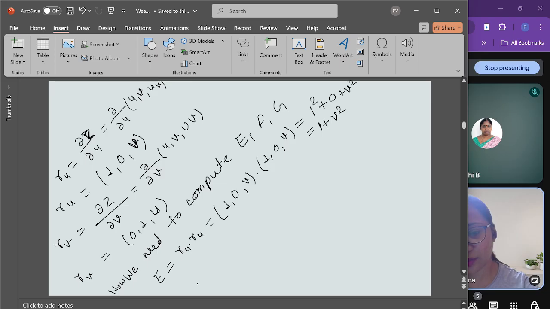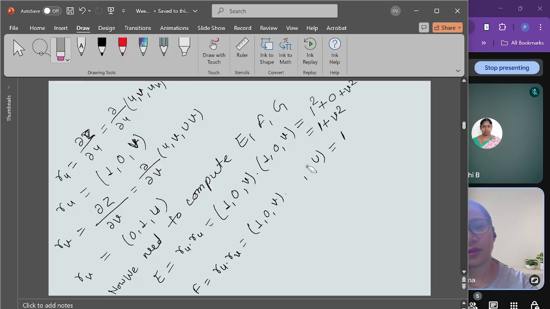Now similarly we need to find F also. F is a simple dot product of Ru and Rv, right? Ru is (1, 0, v), and Rv is (0, 1, u).